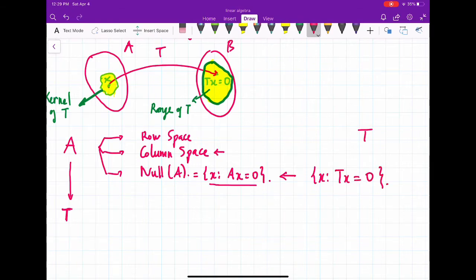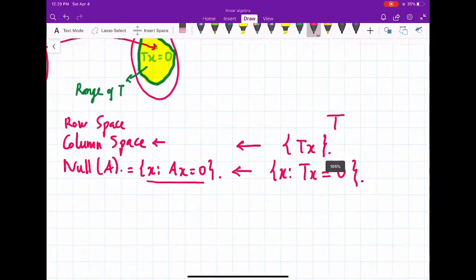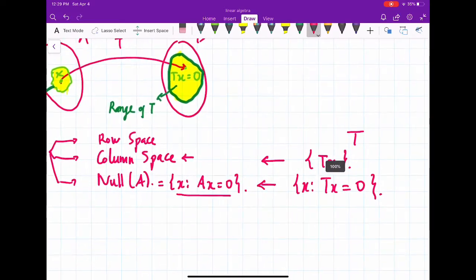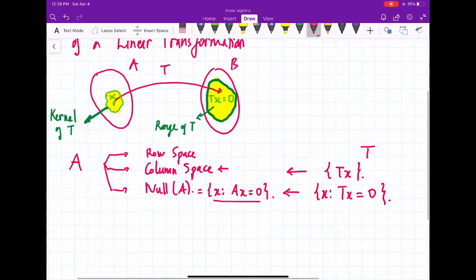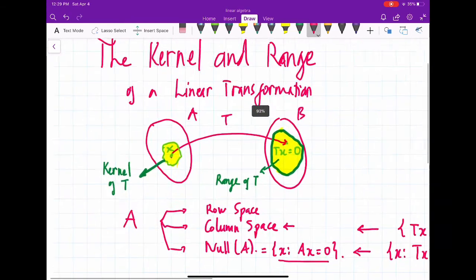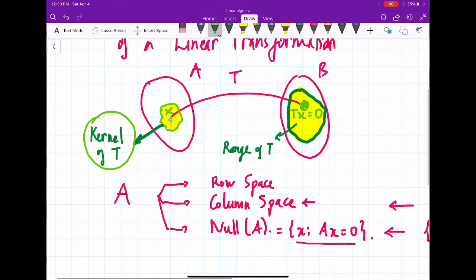And you may consider all Tx, all vectors of the form Tx. If you look at this, the corresponding space to the null space of A is all x such that the image of x is 0 vector. So you send a vector from here to the 0 vector right here. Makes sense? And that is called the kernel of T. So basically, that is the null space of the corresponding matrix.